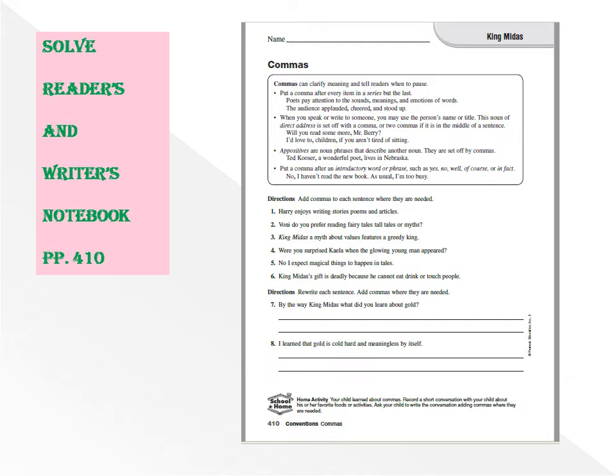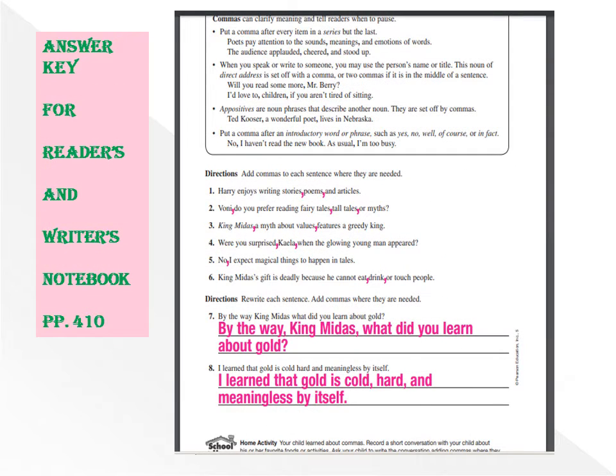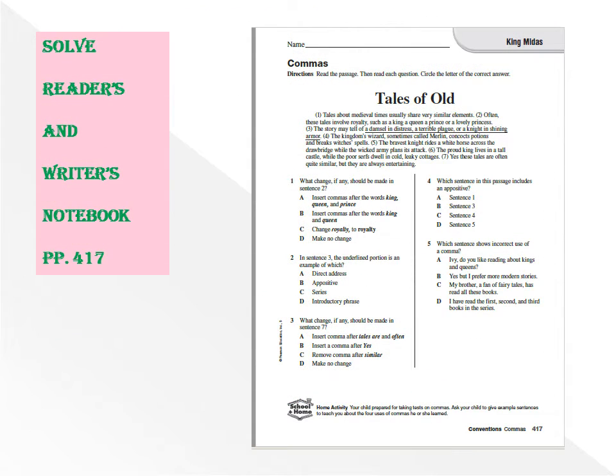Solve Readers and Writers Notebook page 410. In this slide, you can find the answer key for Readers and Writers RWN page 410. This is another page for solving RWN 417.